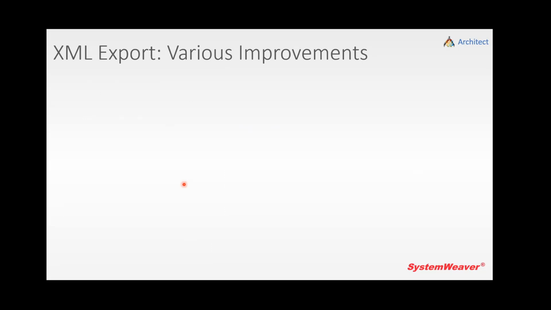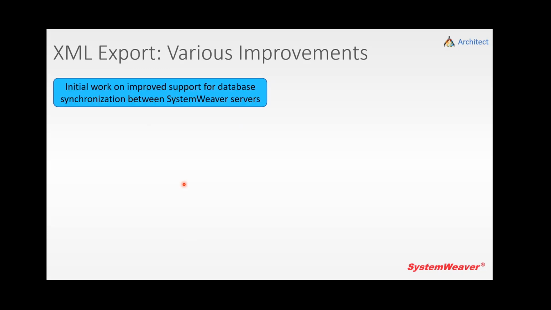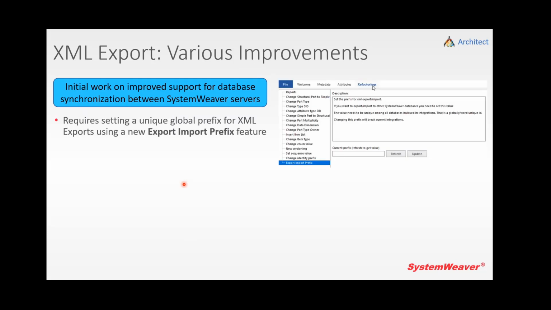XML export. We've made various improvements, and we also are working on making those same improvements to XML import. The goal is to improve support for database synchronization between SystemWeaver servers.